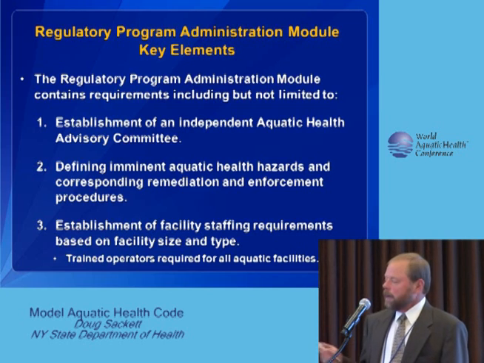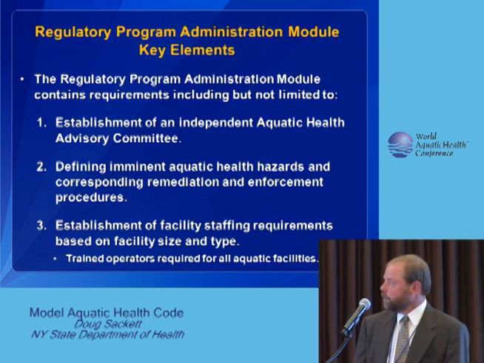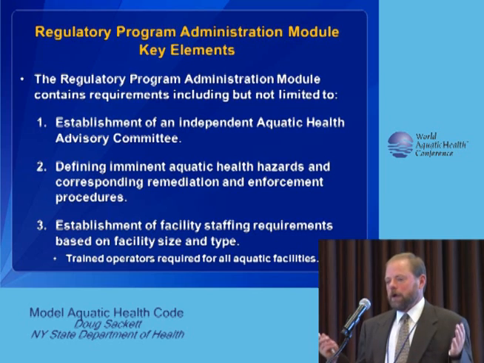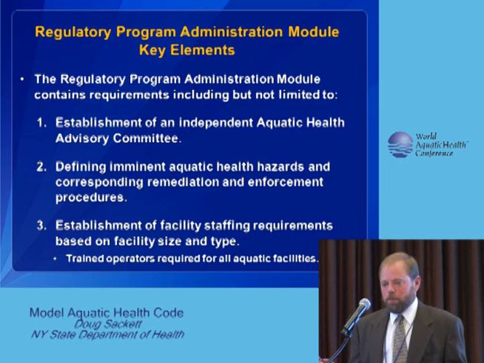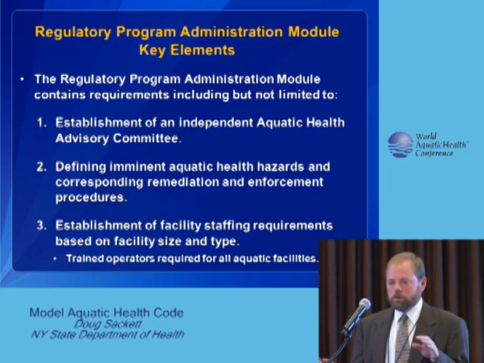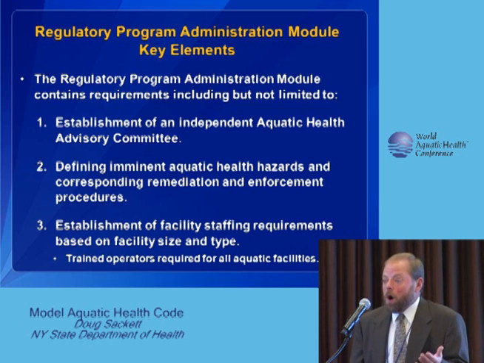Also, defining imminent public health hazards is included in there. We've got a lot of items that you're responsible for in a pool. What are the critical ones? Ones whose existence is likely to lead to injury, illness, or death. Like no chlorine in the pool, or certain diving conditions, say a diving board in 3 feet of water.